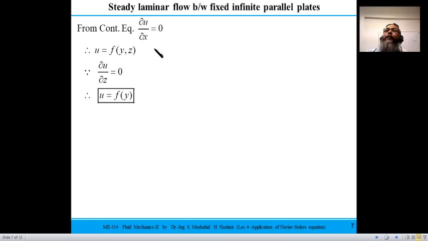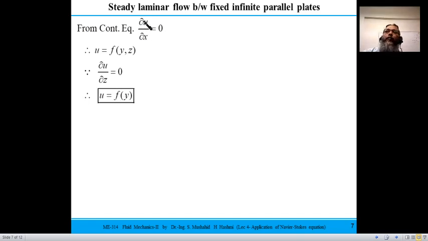We can conclude from this equation that velocity is a function of y and z. And if you look back, the assumption that velocity is no more varying in z, because of the parallel plates, means the effect of z does not come into this velocity. So eventually you end up with velocity in the x direction being only a function of y.